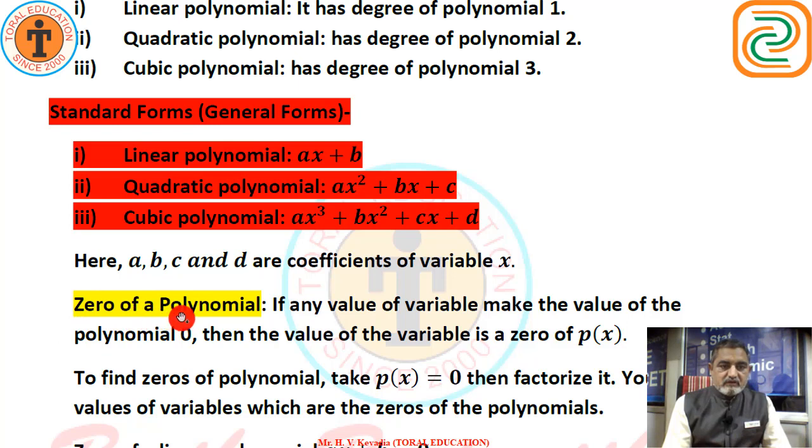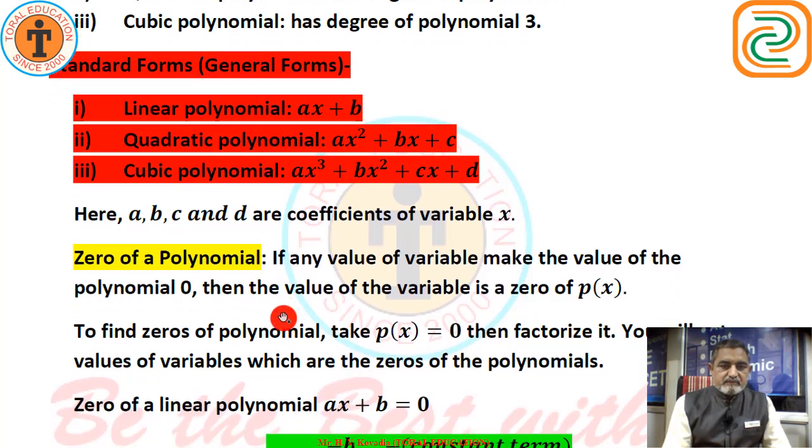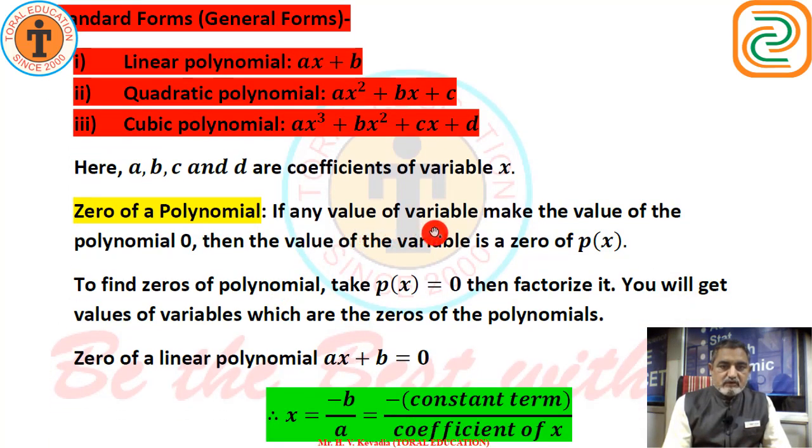Look here, zero of a polynomial. What is a zero? If any value of the variable makes the value of the polynomial 0, then that value of the variable is a zero of p of x. P of x means polynomial in x. We can write p of t, p of s, whatever.